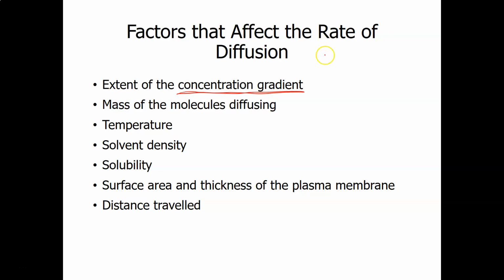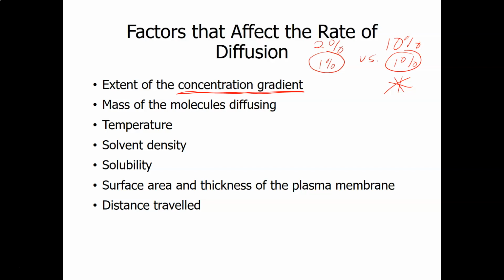So if you have, let's say, here's your cell, and inside the cell is a 1% solution of salt or any solute, and outside the cell is a 2% solution of that same solute, versus a cell that has a 1% solution and then outside is a 10% solution, diffusion is going to be much, much faster in the second cell, because the difference between 1 and 10 is greater than the difference between 1 and 2. So the larger the concentration gradient, the faster the diffusion.